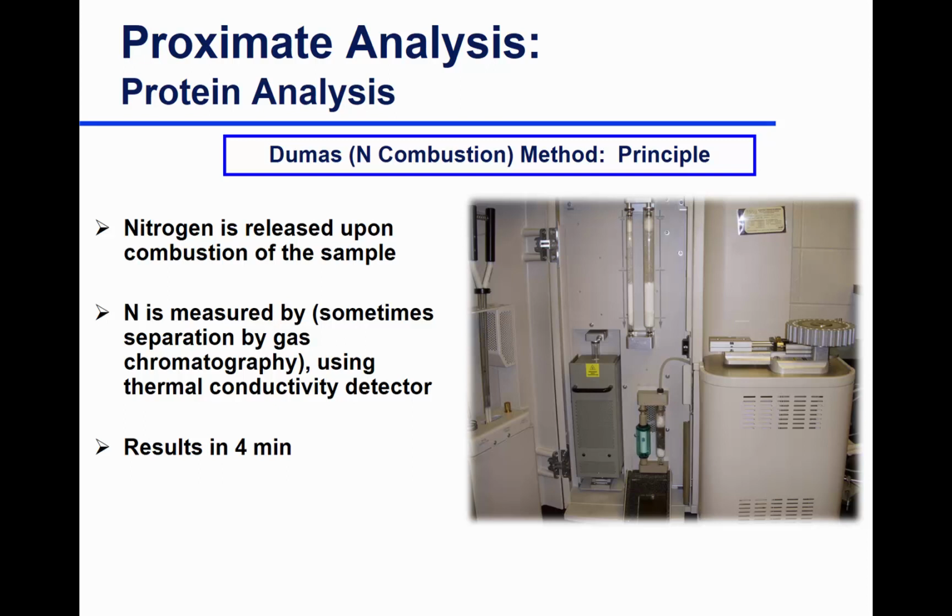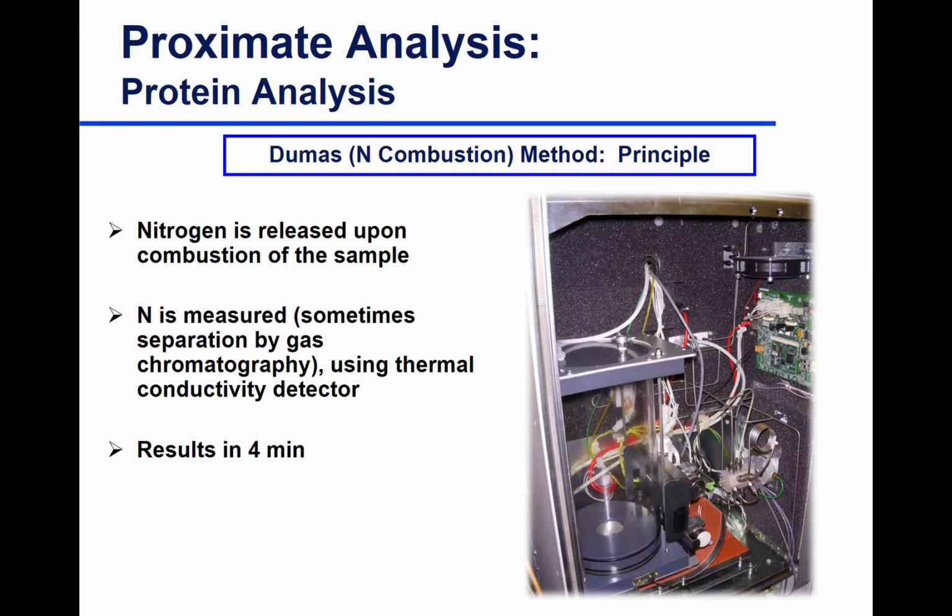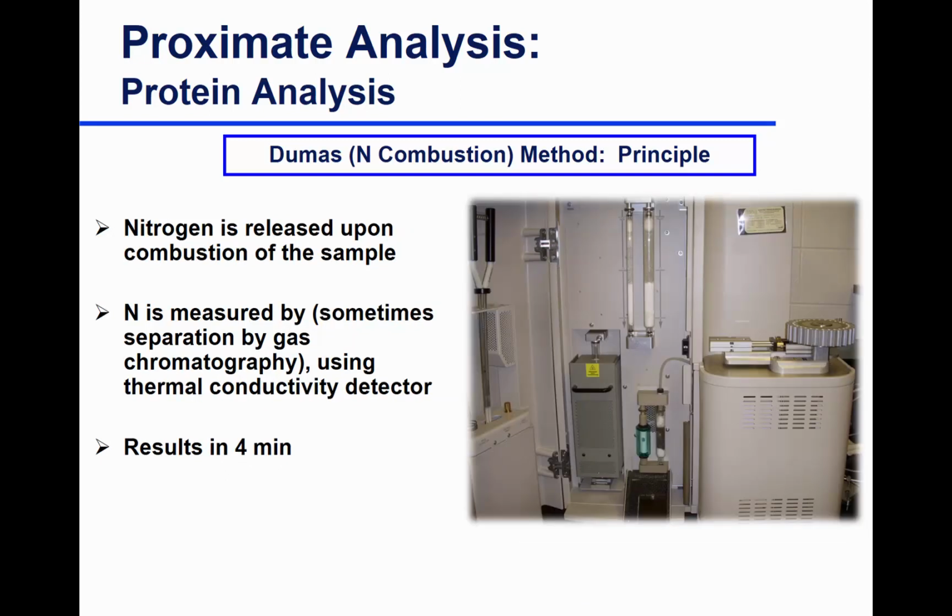Then they get diverted to a filter and also a scrubber for moisture, and then to a ballast, a compartment in the back of the instrument, and oxygen is flushed so that everything is homogenized in there. After that, they get directed to a copper finger where they get reduced. All of your NO2 gets reduced to nitrogen gas.